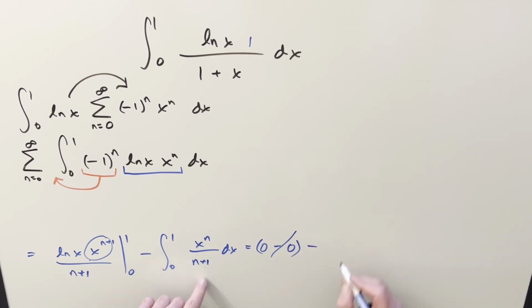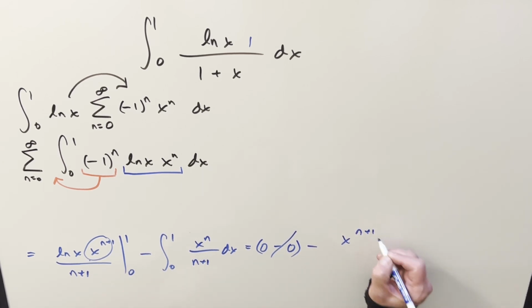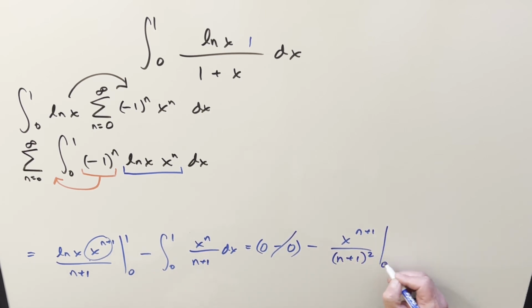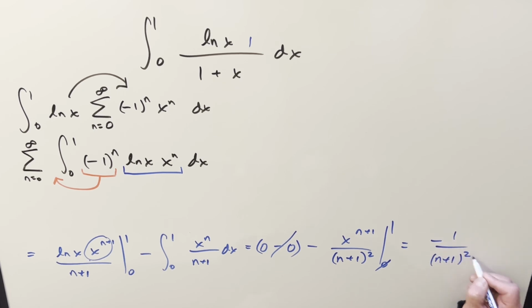It's just going to be power rule. We get x to the n plus 1, and an n plus 1 comes out, so this is going to be n plus 1 squared, and we evaluate from 0 to 1. When you plug in 0, you get nothing, so we just plug in 1, and we get minus 1 over n plus 1 all squared. So let's plug this back into our sum.